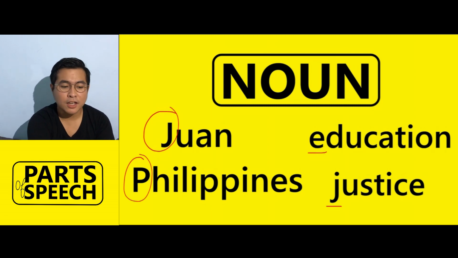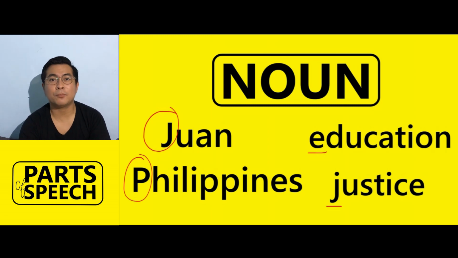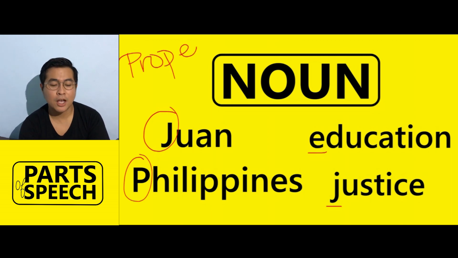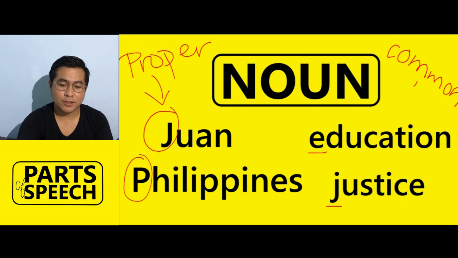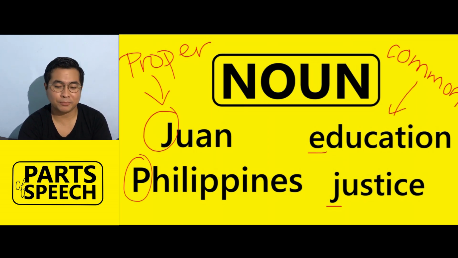Because, of course, there are common and proper nouns. Proper nouns are those that are capitalized. They are specific names. While common nouns are general names. That's why they are not capitalized, or usually they start with small letters. Okay? So that is your noun.